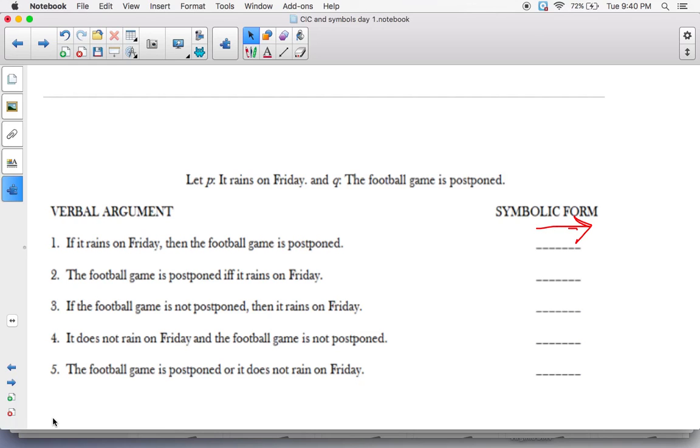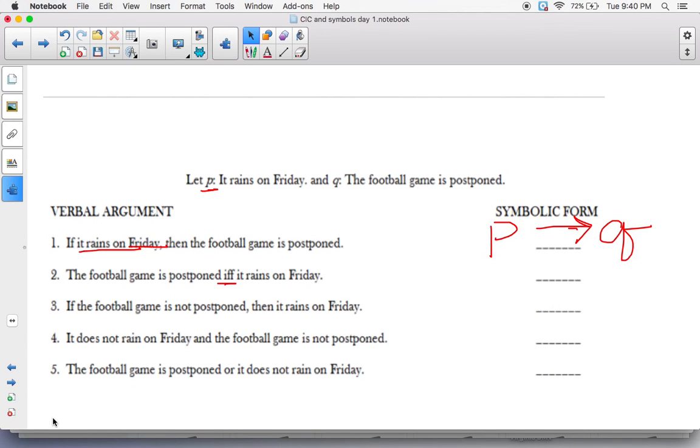But then we have to represent what is it rain? If you look up here, it rains is a P. So this is going to be P arrow Q. Because Q represents the ball game is postponed, if you look at the top. Look at number 2. It says the ball game is postponed if and only if. IFF is if and only if.